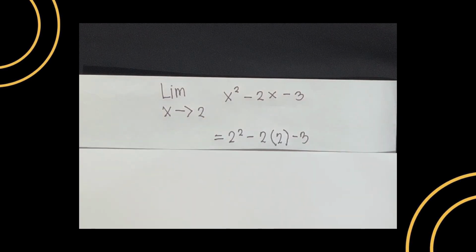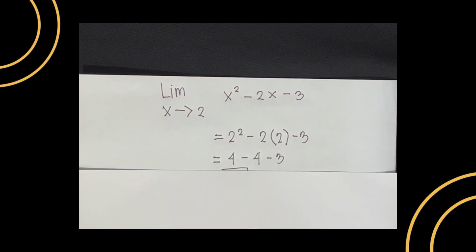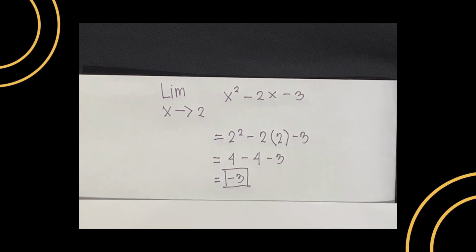So it's going to be 2 squared minus 2 times 2 minus 3. 2 times 2 equals 4, so 4 minus 4 minus 3 is negative 3. So that is the limit as x approaches 2 for that function.